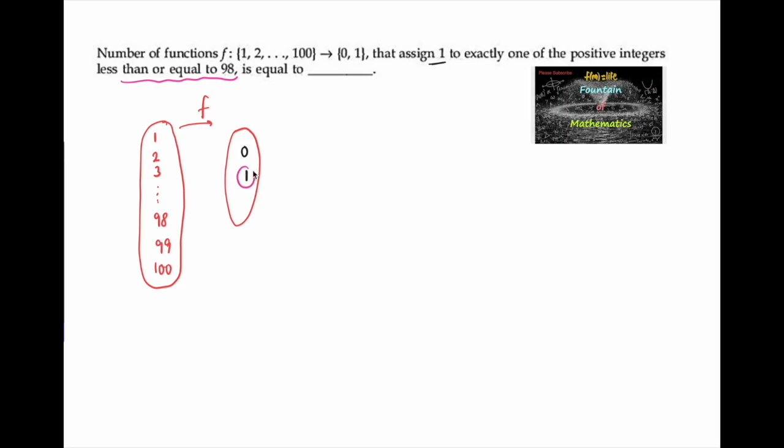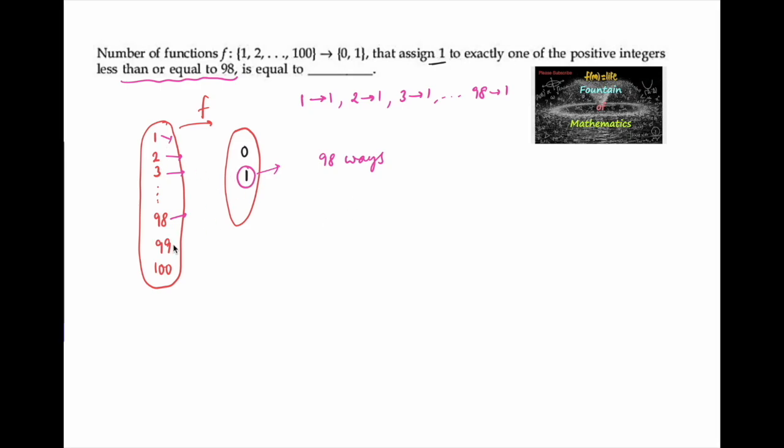Means this 1 can be assigned to either 1 or 2 or 3 or 98. So we can say 1 can be assigned to 1, 2 can be assigned to 1, 3 can be assigned to 1, and so on. 98 can be assigned to 1. Means this 1 can be assigned to 98 numbers. So 98 ways are there.